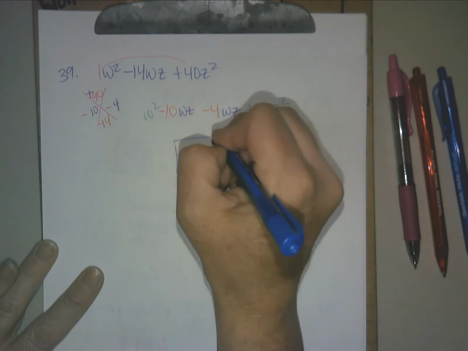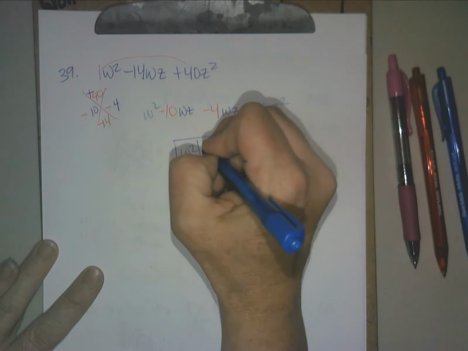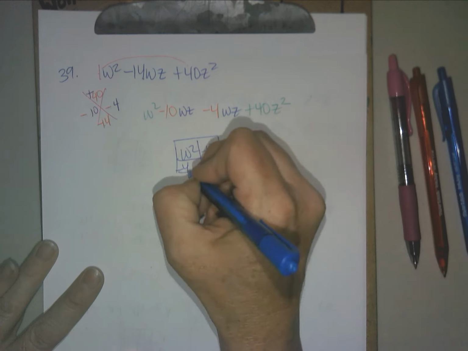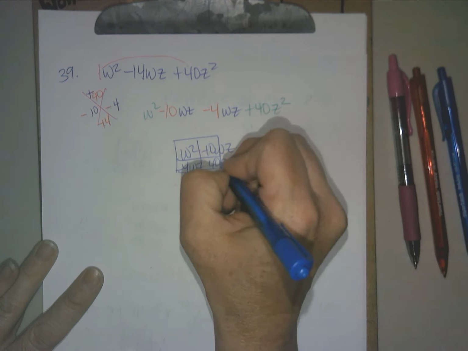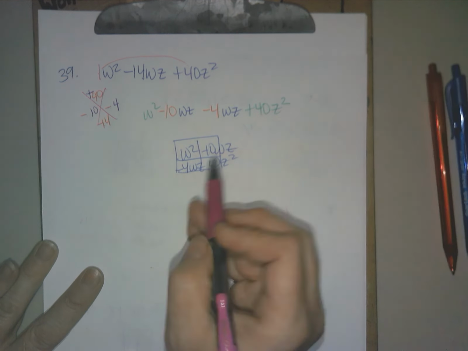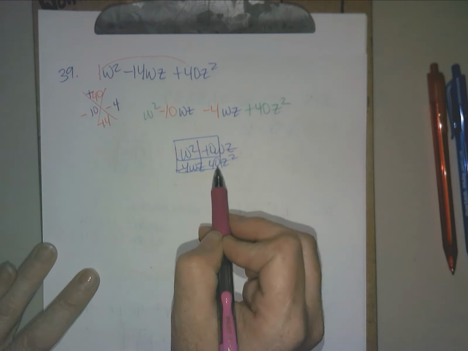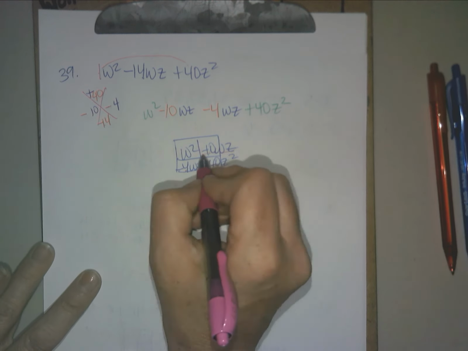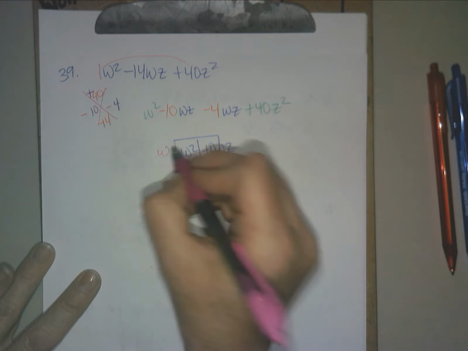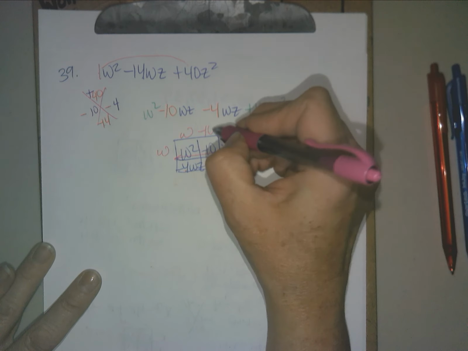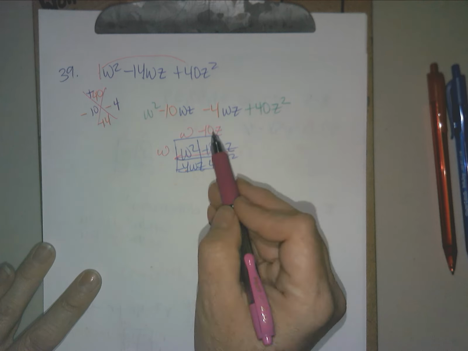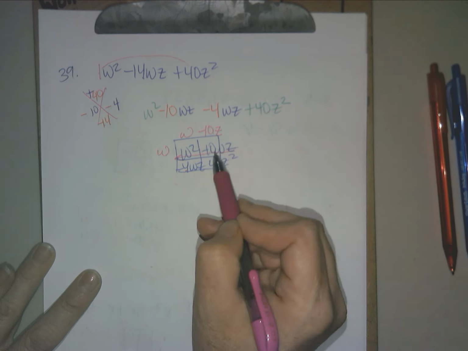Now I take those 4 terms, put them into boxes in standard form. Okay, W squared, negative 10WZ, negative 4WZ, 40Z squared, and I just take the GCF of the top line. That's W, and then negative 10Z, because negative 10Z times W is negative 10WZ.